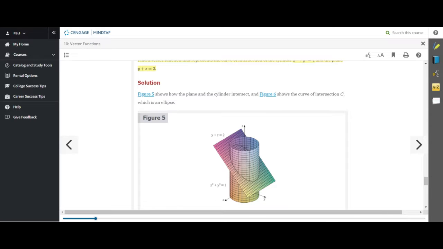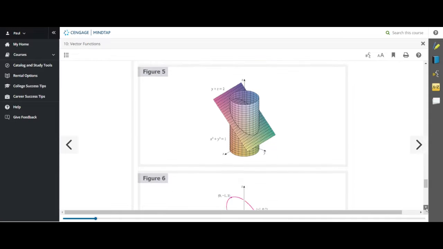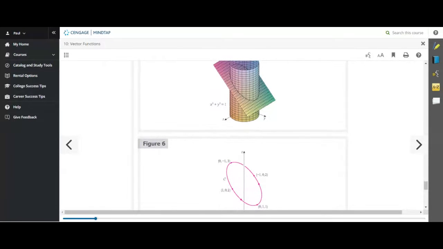It wouldn't be a circle. It would be an oval, like an ellipse. You're absolutely right. That's what it would have to be, and it makes sense based on the picture. So what we're looking to do is find a vector function to describe this space curve.